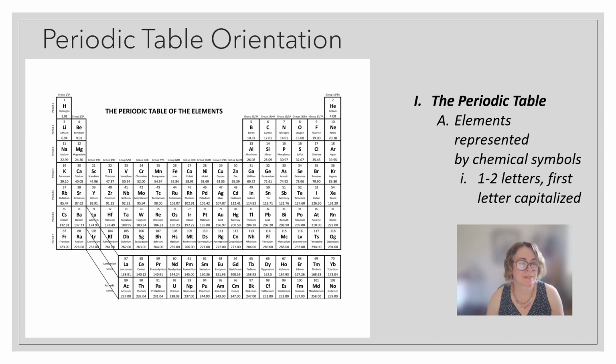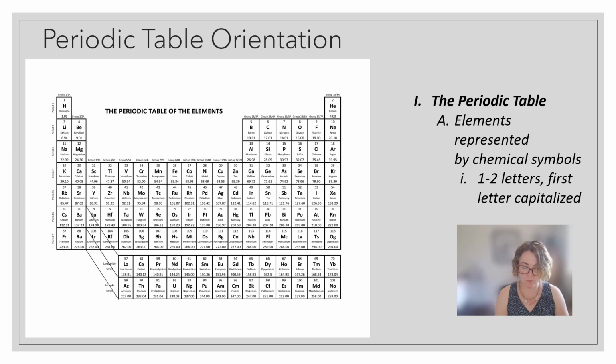Each of the elements is listed on this periodic table, and on this specific table you will be given the names and the symbols of the elements. A lot of times it's much more convenient for us to deal with the symbol of the element as opposed to writing out the entire name.